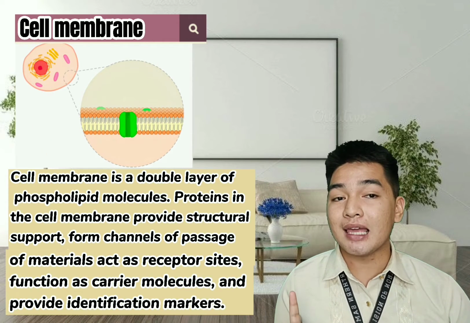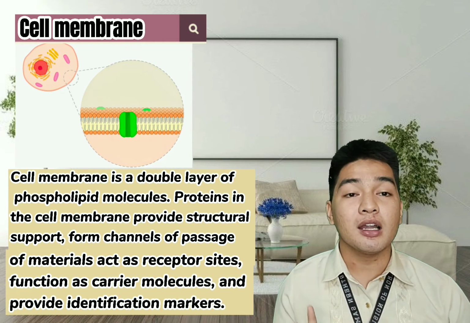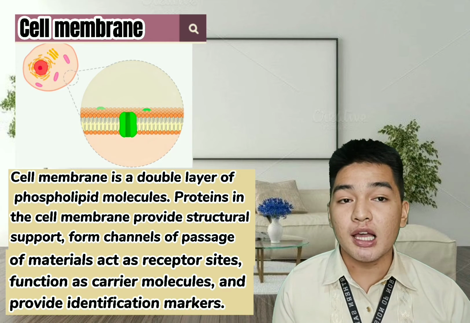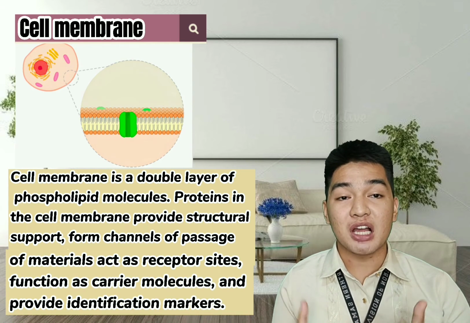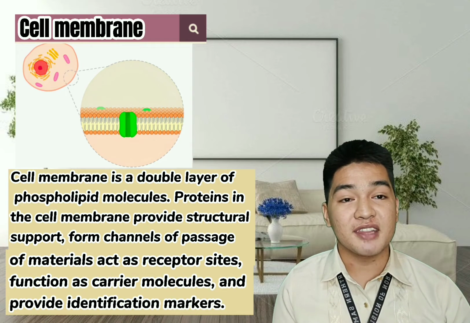Okay, what are the organelles that are present to both animal and plant cell? First is cell membrane. Cell membrane is a double-layer phospholipids molecule that is responsible for structure and protection of the cell.